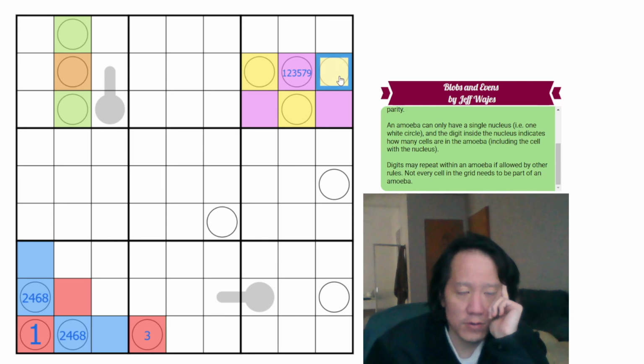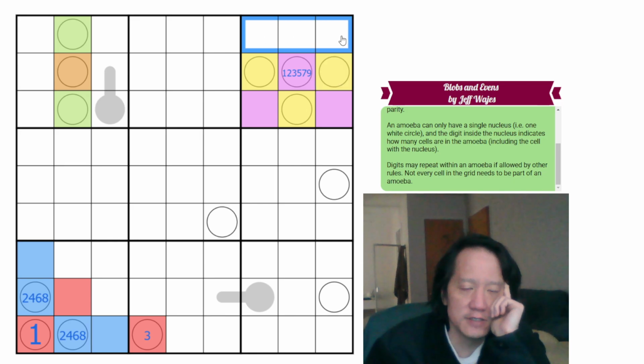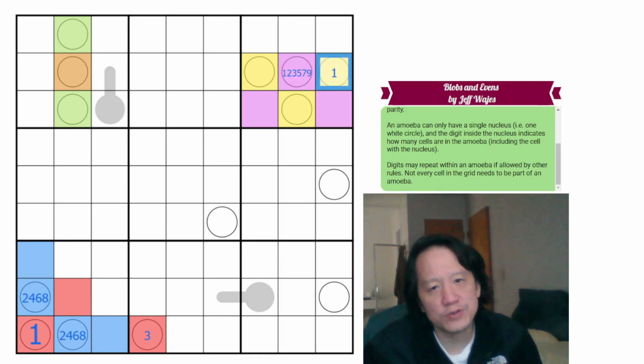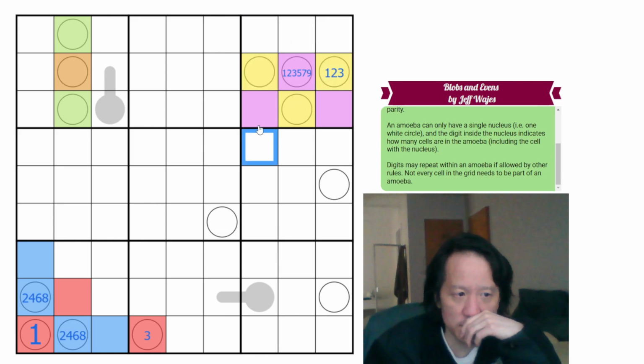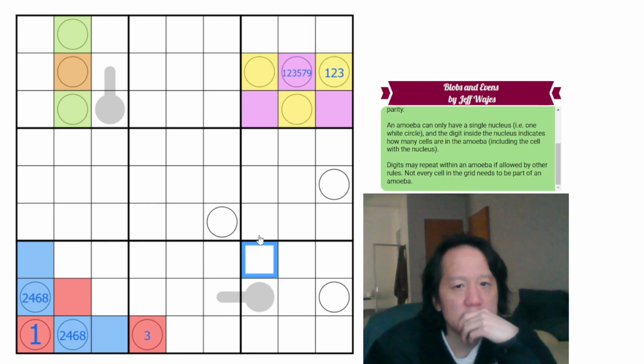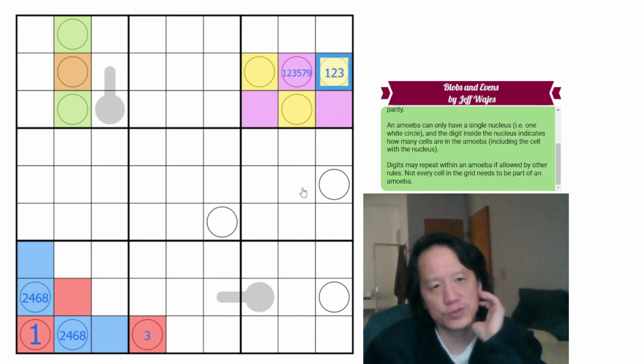This, however, is 1, 2, or 3 at most because it can't continue with this parity. These are not part of the same parity, so this is 1, 2, or 3, because it cannot be part of the same amoeba as this one, and these are the same parity.